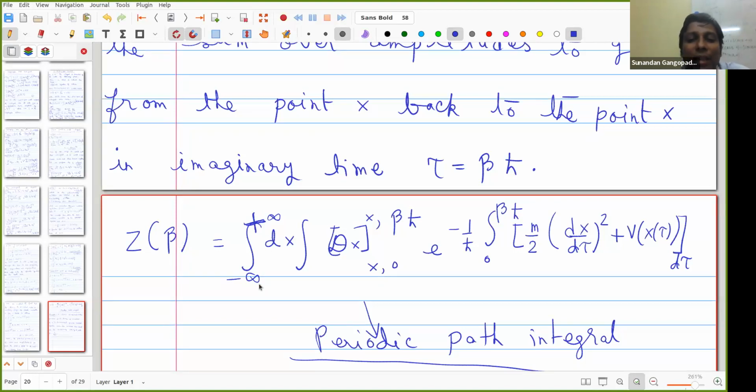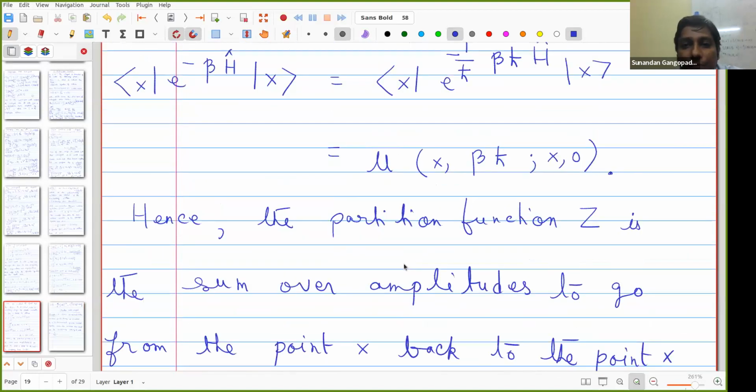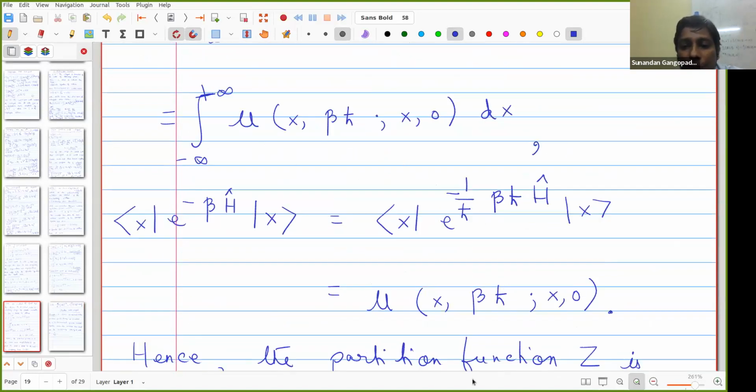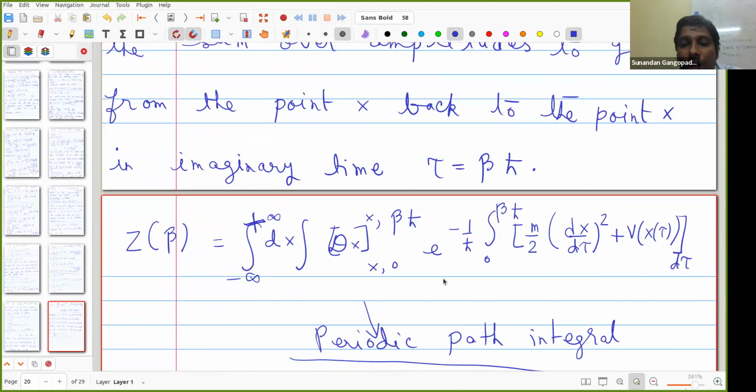It is basically integral minus infinity to plus infinity dx, and then that function u that appeared here in this expression for the partition function, you can just write down the path integral expression for that, and the path integral expression for that actually involves the Euclidean form of the action. Now you see why the Euclidean action is important. So now it involves the Euclidean form of the action.